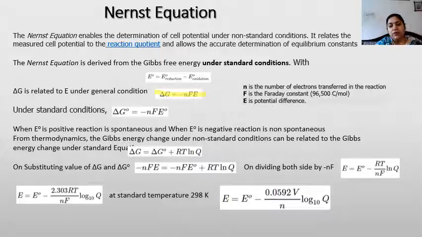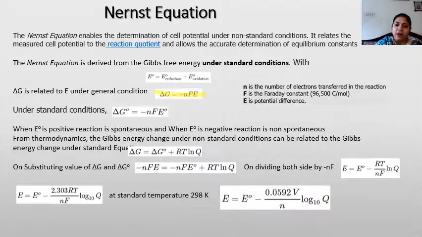Number of electrons transferred means, in an oxidation or reduction reaction, some electrons are given in the reaction, so the number of those electrons is the number of electrons transferred. F is the Faraday constant, which is a constant value. E is the potential difference, that means the potential difference between cathode and anode under non-standard conditions.